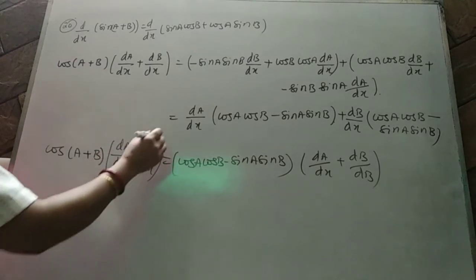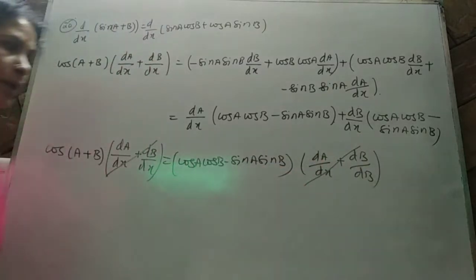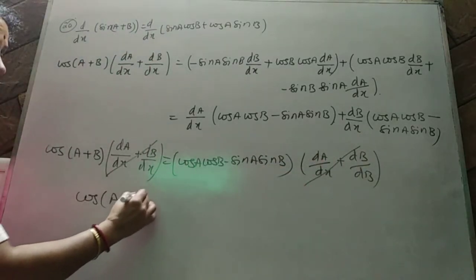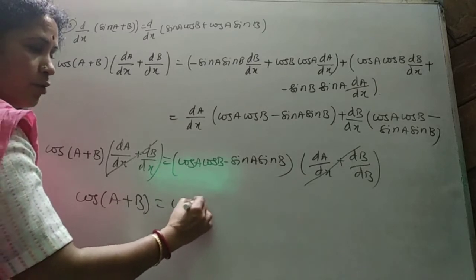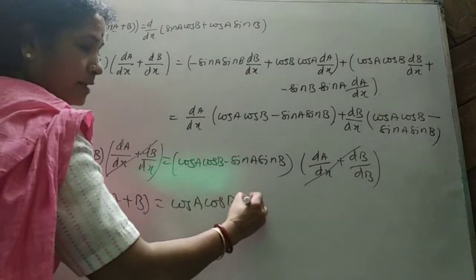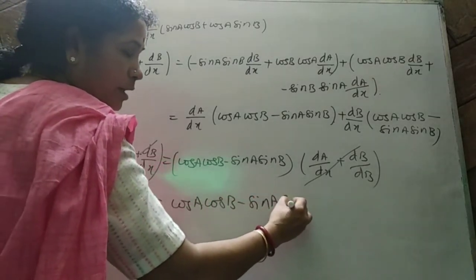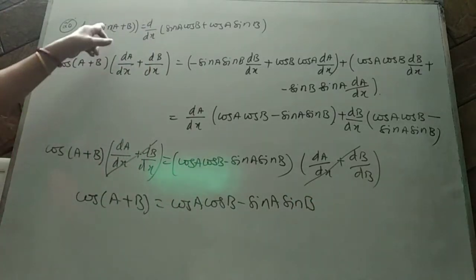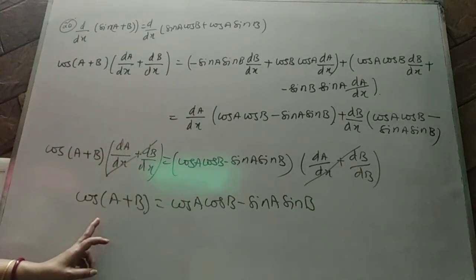Now listen, both sides this will be cancelled. Now what we are getting: cos(A plus B) is equal to cos A cos B minus sin A sin B. Have we got the formula? This is the formula, clear. So through differentiation we brought a formula from sin(A plus B) to cos(A plus B).